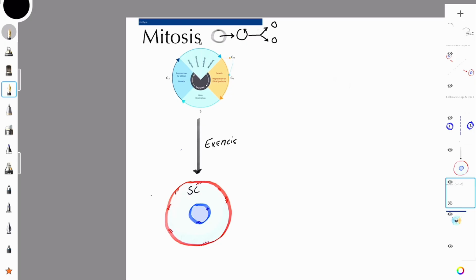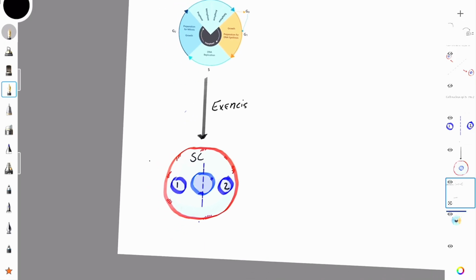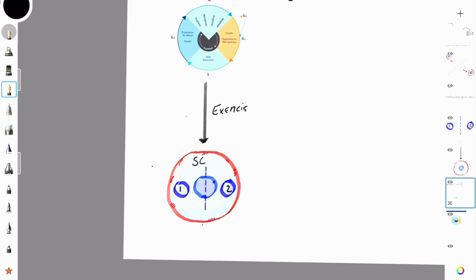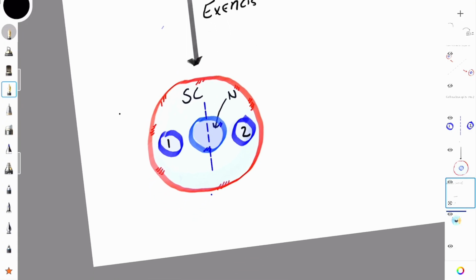And the satellite cell, its job is to split its genetic information, right? So right here, we have the nucleus. I'm just going to put N for nucleus. So the satellite cell has to put genetic information into a nucleus here and a nucleus here, right? So you can see that this line is splitting the nucleus, okay?